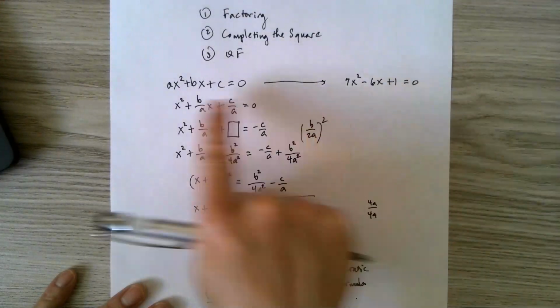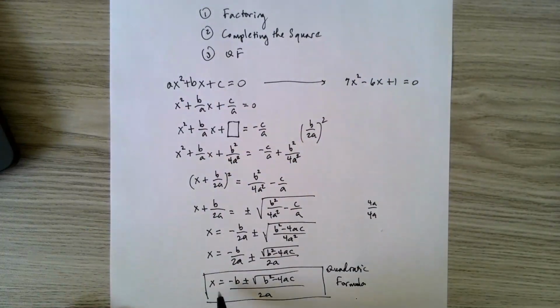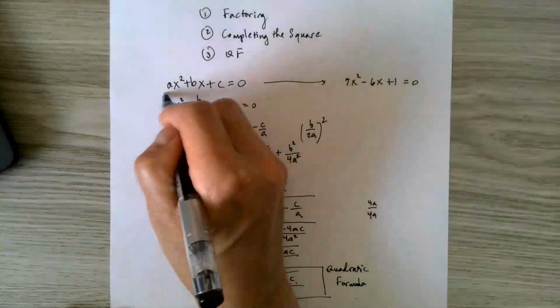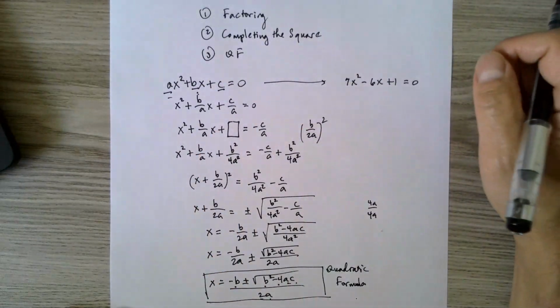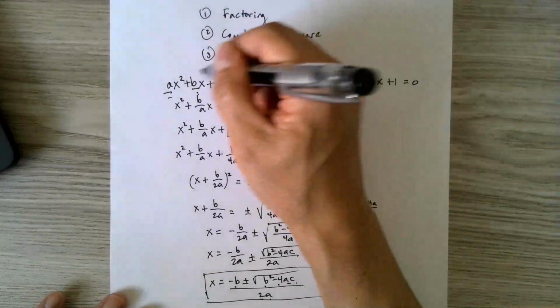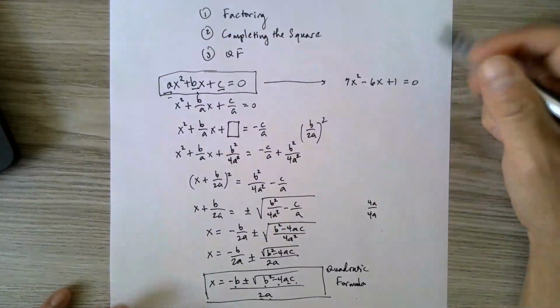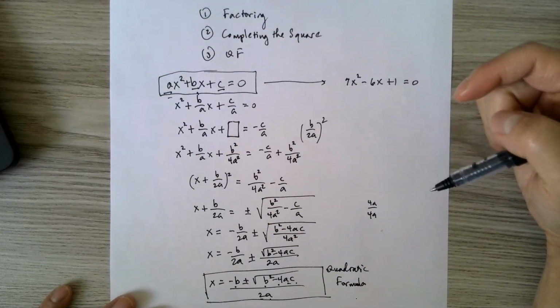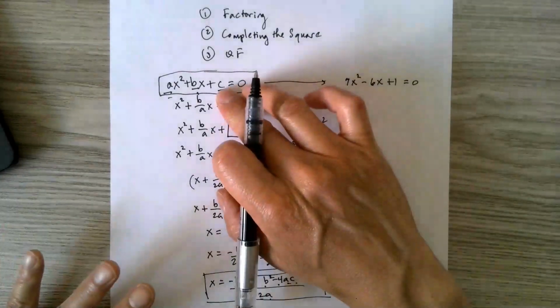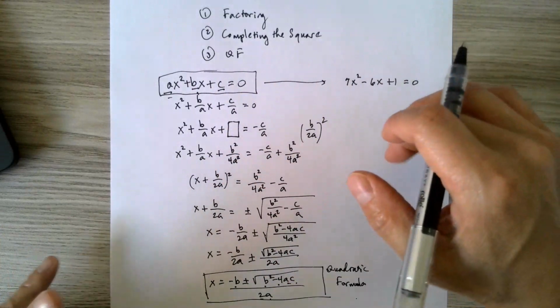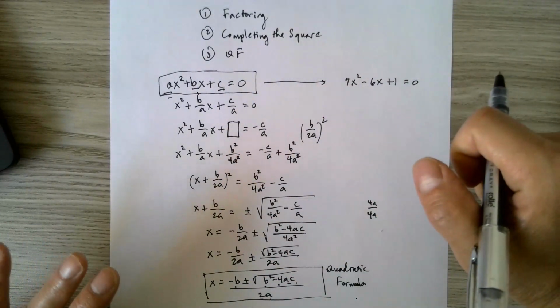Okay, so first of all, remember that all these variables in the formula come from these two coefficients and this constant, which means that your equation must be in this form in order for you to use the formula. If it's not in this form and you want to use the formula, you've got to put it in the form, okay?